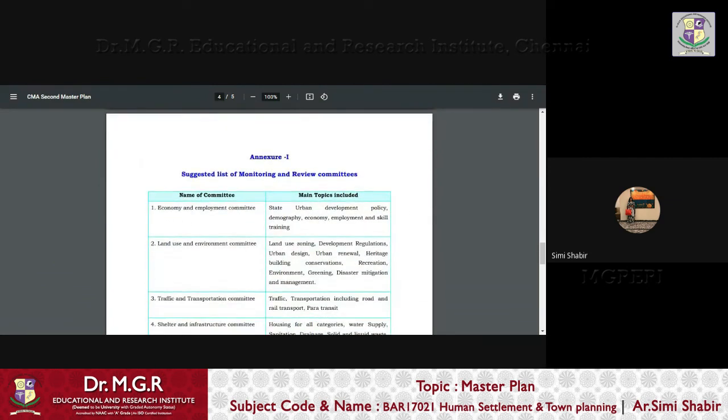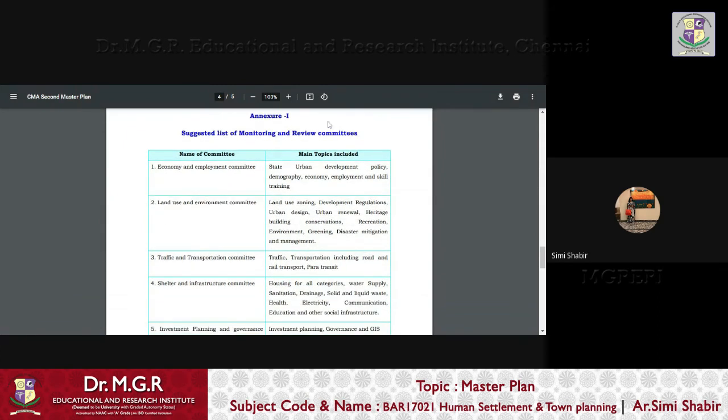So now here, this is the list of monitoring and review committees, which is in a tabular column over here to make it easy for you to understand. So here, what we are going to look at: the Economic and Employment Committee would review the state urban development policy, the demography, the economy, employment and skill training.